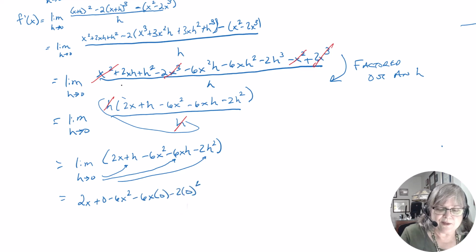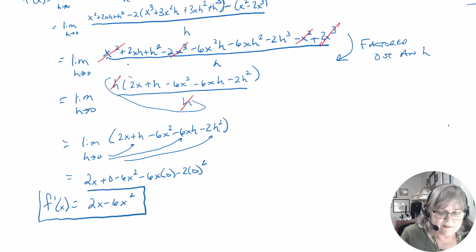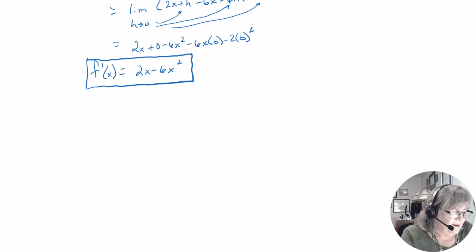Now, you don't have to show that step, but when you get rid of all the zeros, you have 2x minus 6x squared. And this is the derivative and the instantaneous slope. Okay, let's do another one.